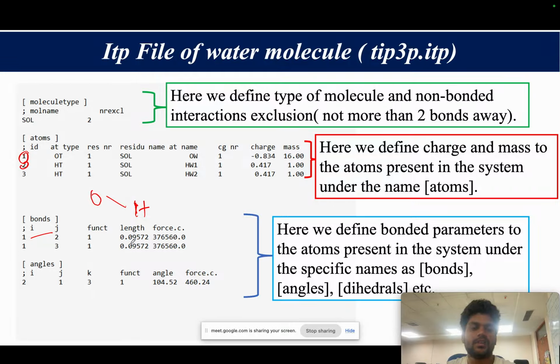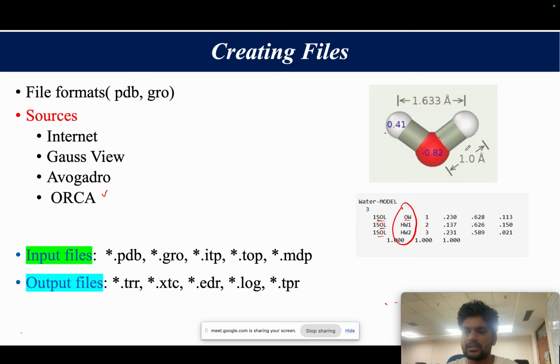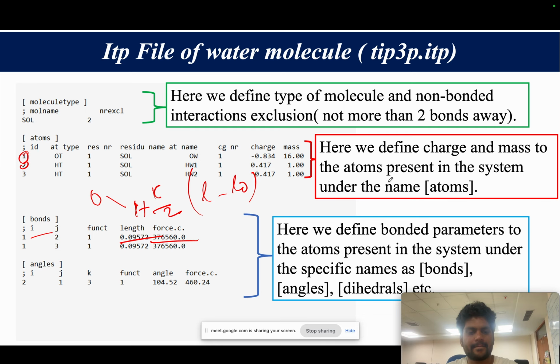The length is given and the force constant is given. The force constant is nothing but K by 2, and the length L0 is given. It's like 0.09, and if it is fluctuating, it will go more. That's why 0.09 is written here, and the same thing with the angles.